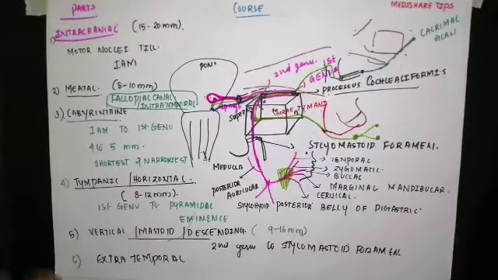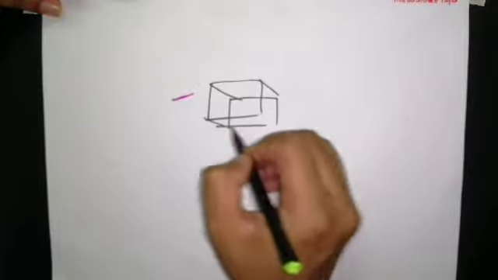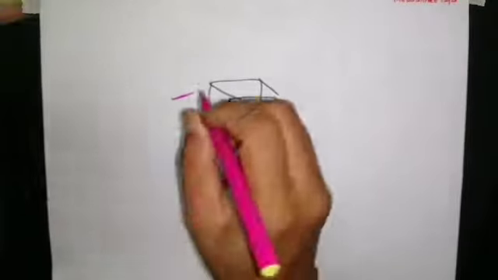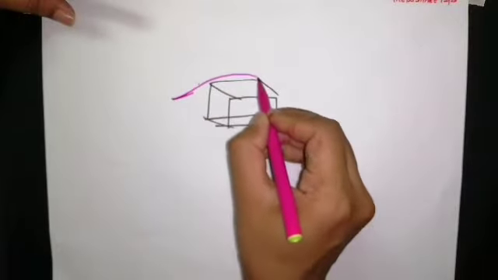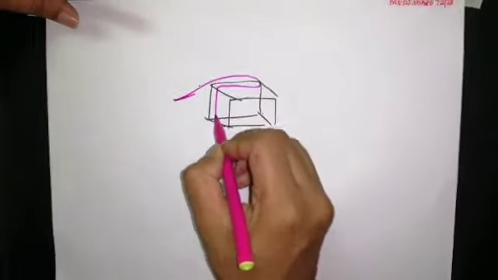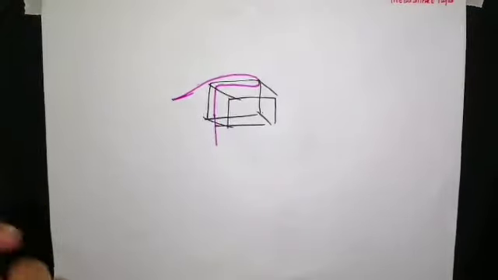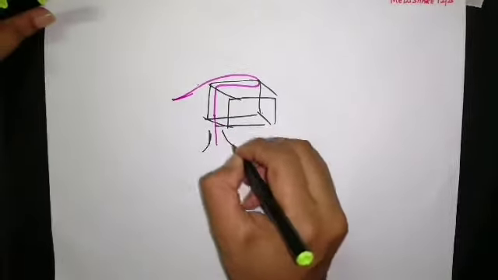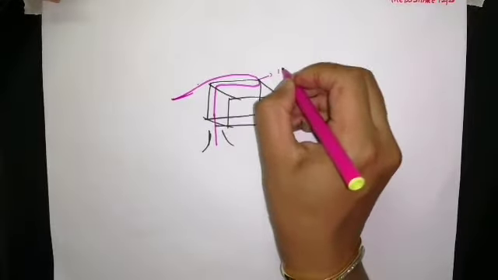Now, which are the branches of this facial nerve? This is the first genu of the facial nerve.